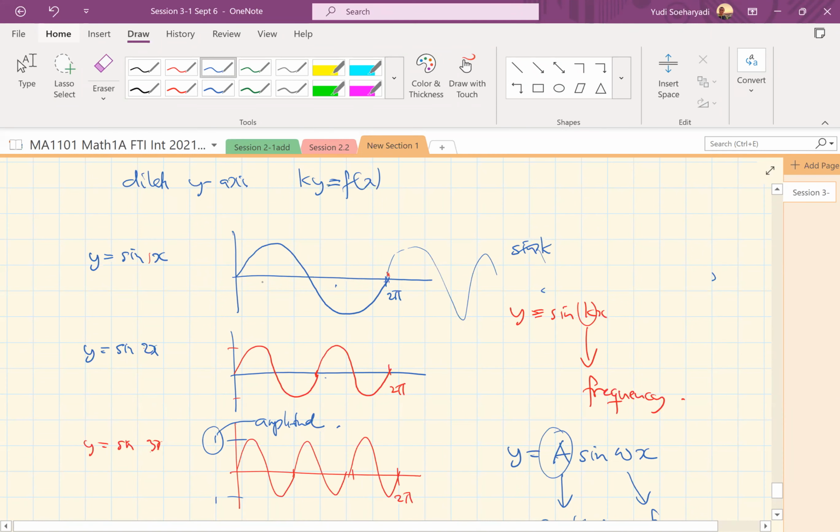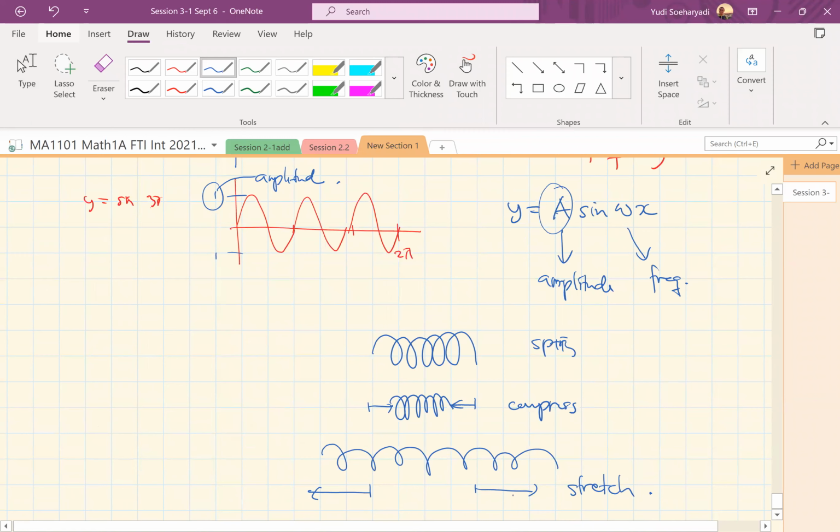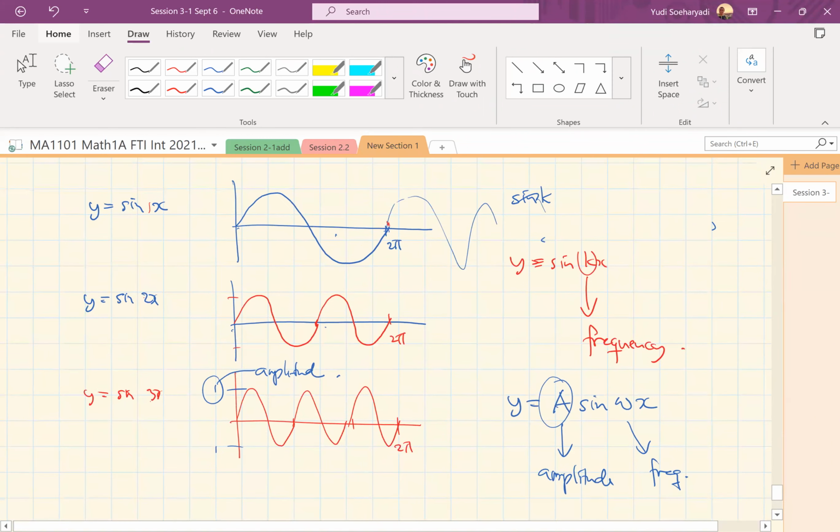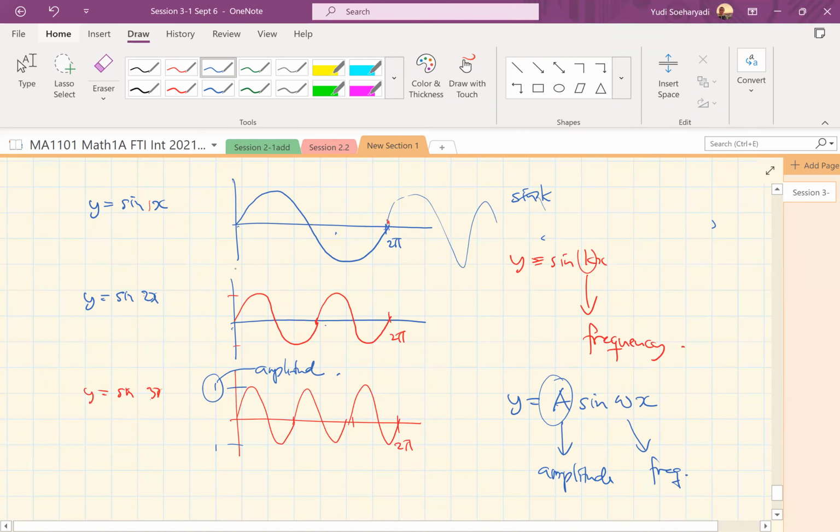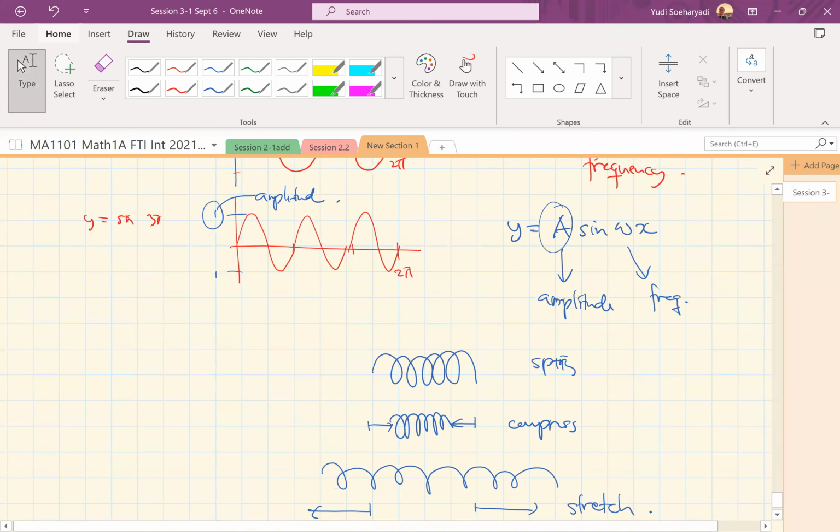So instead of just one wave, then you have two waves. You have three waves. So here you compress. So that's dilations. Okay. And if this one you stretch, then you get the dilations also. Okay, so this is X dilations.